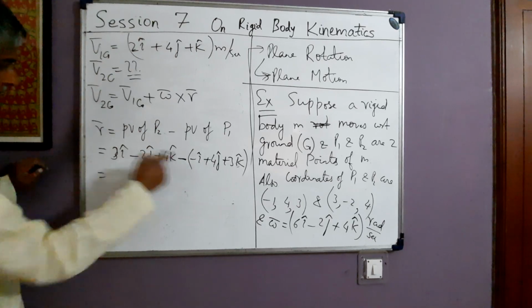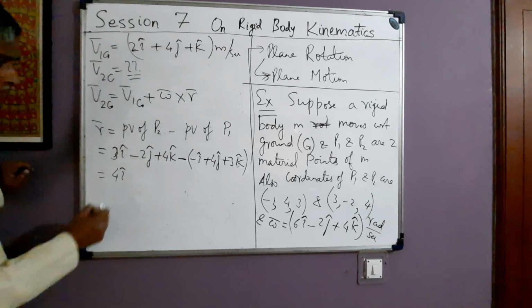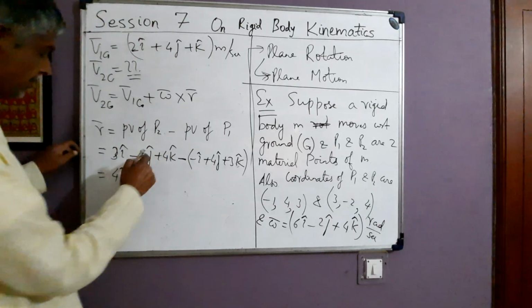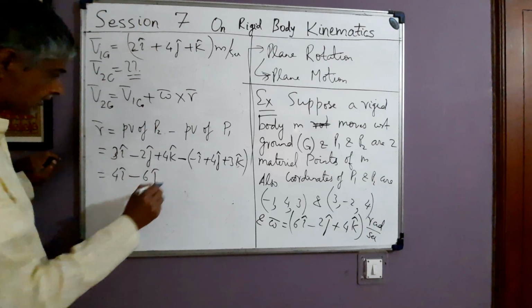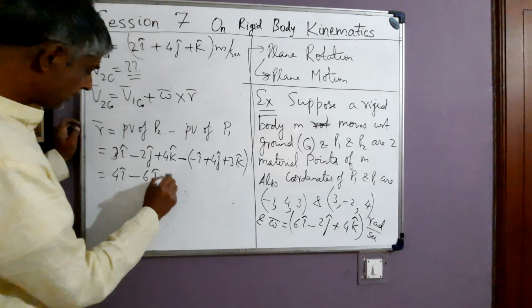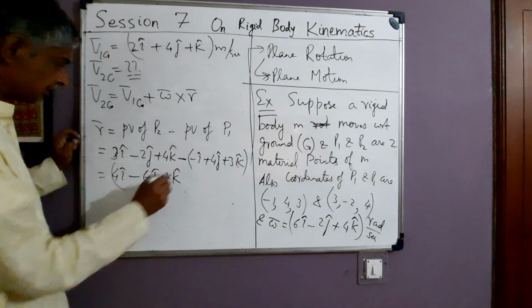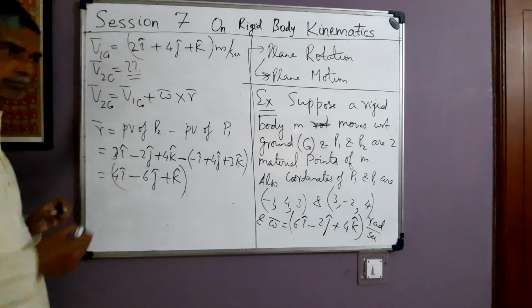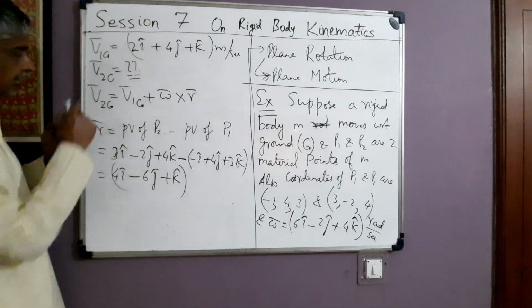Minus minus becomes plus, so 4i hat on simplification. Then minus 2j minus 4j is minus 6j hat. 4k minus 3k is k hat. This is in meters, SI units. So r is known. Now we add these two to get V2g.